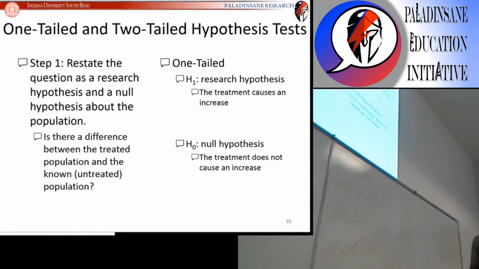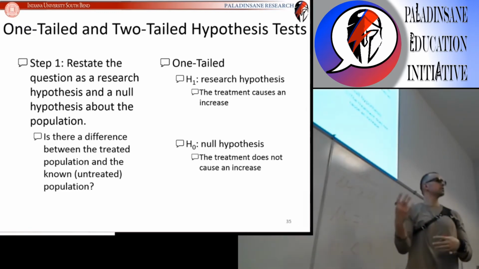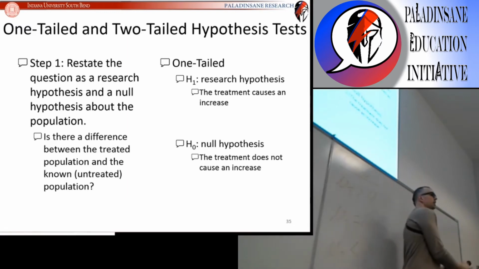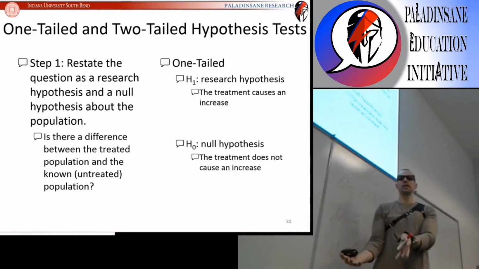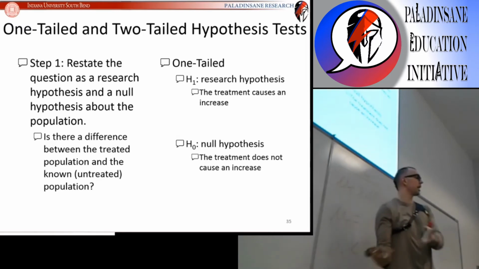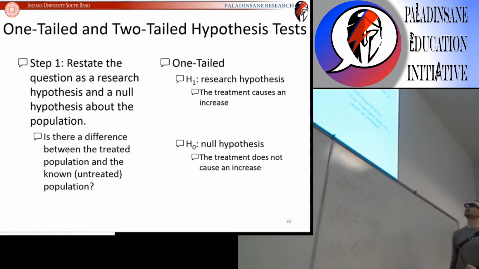So if we're asking, does this treatment cause an increase in self-esteem? Does this treatment cause an increase in self-helping behaviors? Does this treatment cause an increase in violent, aggressive behaviors? Does this treatment cause an increase means that your treated population is greater than your untreated population. Treatment made an increase, treatment made it bigger.